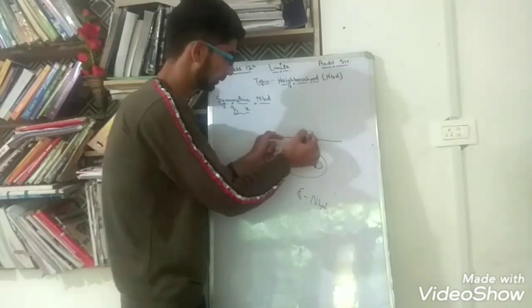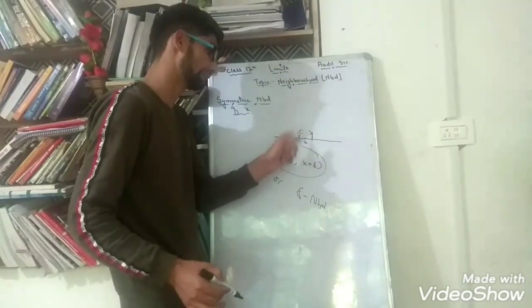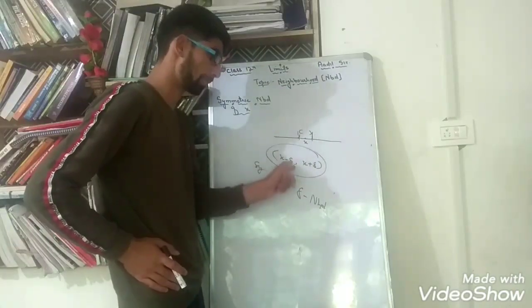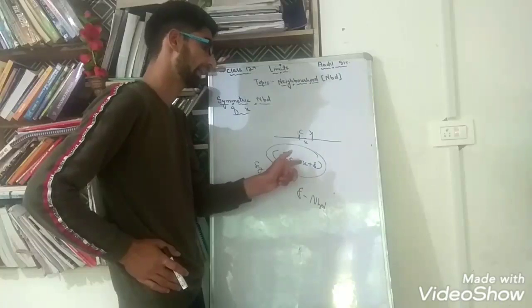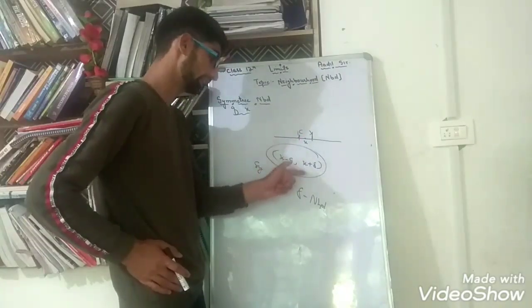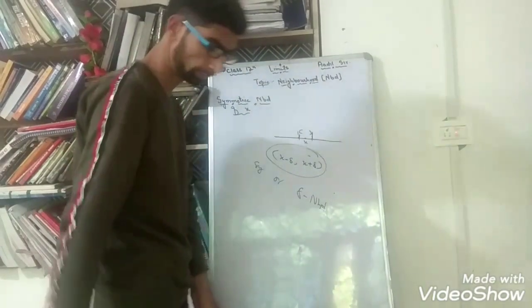When we take the open interval from this point to this point, that open interval must include this x also, so it becomes a neighborhood. So this is clearly a neighborhood of x, and it is called the symmetric neighborhood of x or delta neighborhood of x.